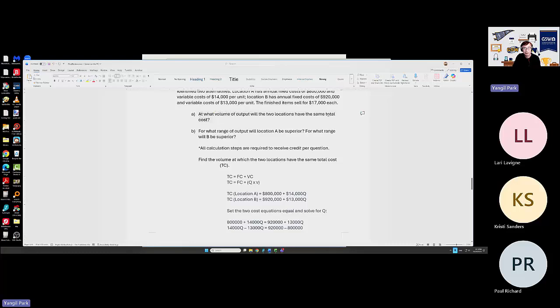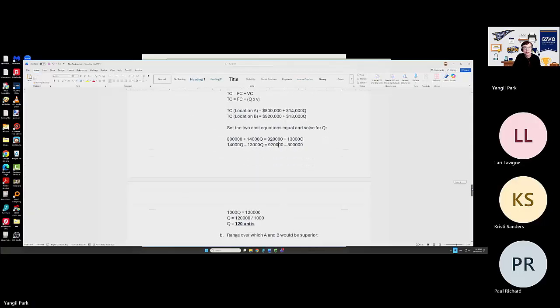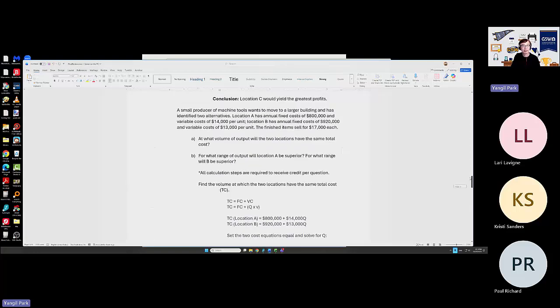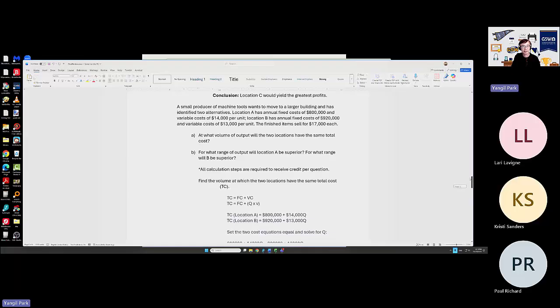So that we can put this total cost into an equation, set them equal, and solve for the Q, so that we'll find the output, the volume at which those two locations have the exact same costs. That would be 120 units.